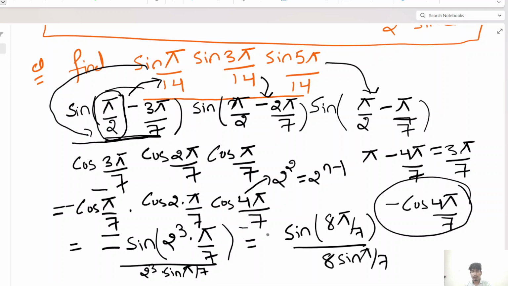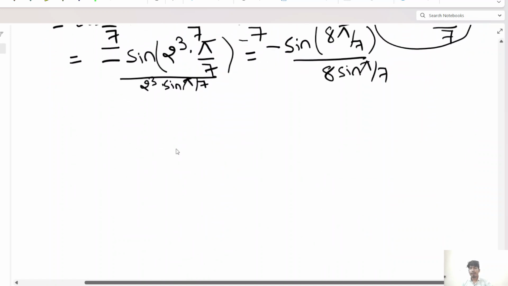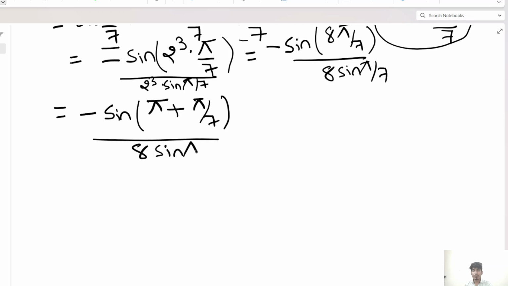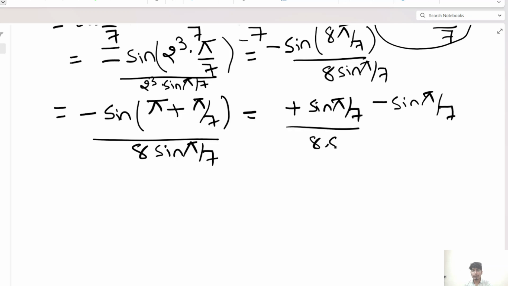Now 8 pi upon 7 is pi plus pi upon 7, and sine of pi plus theta is minus sine theta, so minus minus is plus, giving sine pi upon 7 upon 8 sine pi upon 7.